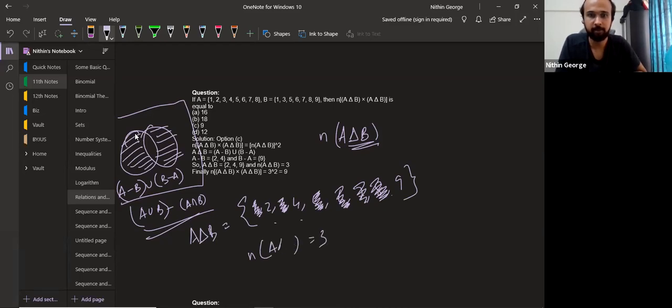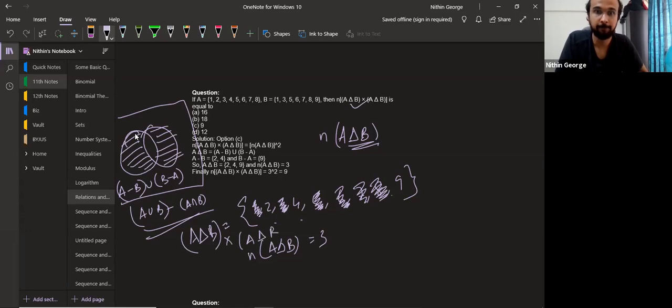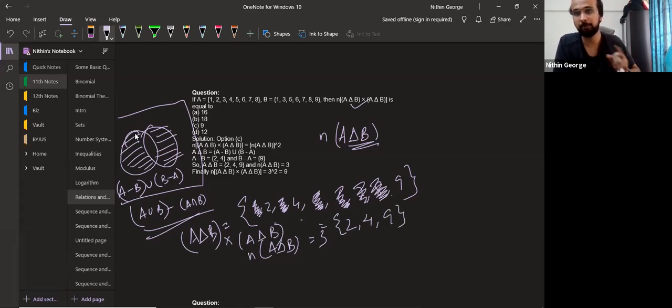And the question is asking for what happens when we take the Cartesian product of both. Okay. When we take the Cartesian product of both, if you don't remember, if you're not a person who likes to remember formulas and loves to follow the logic, please don't remember square and all.